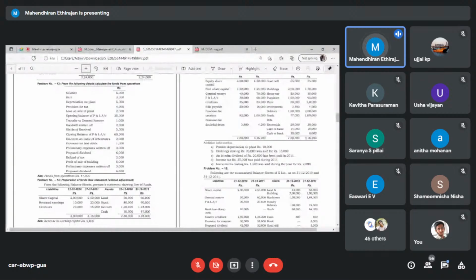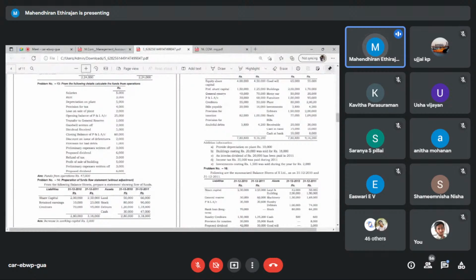Depreciation, whatever it may be, any kind of depreciation on plant, is non-trading in nature. Definitely you have to add it to the net profit, or put it on the debit side. Provision for taxation also is of a non-trading nature, put on the debit side.